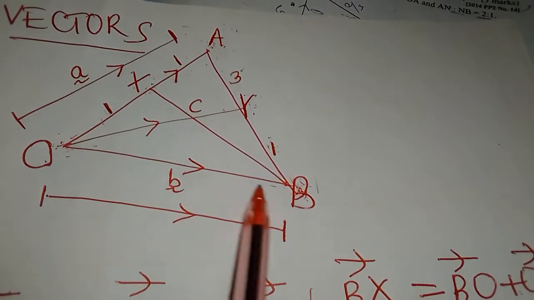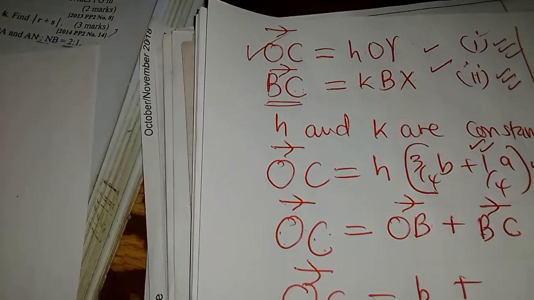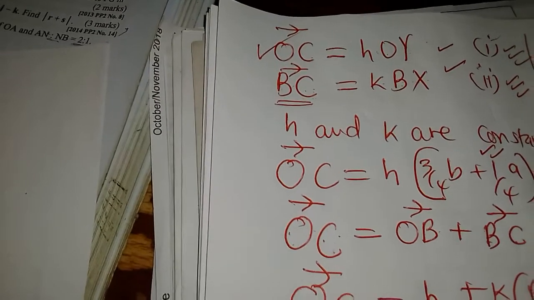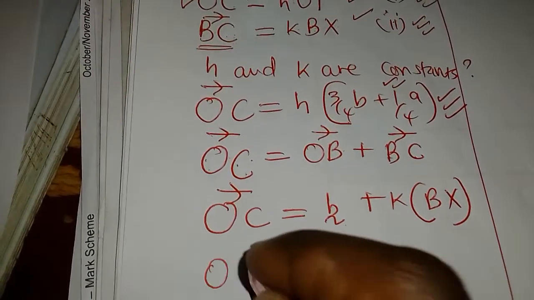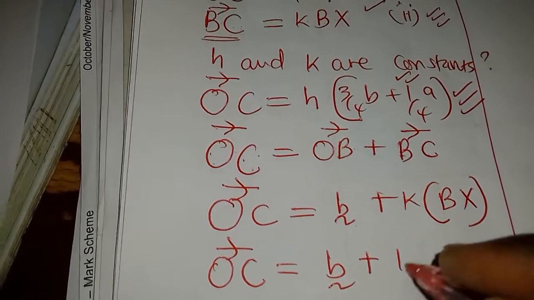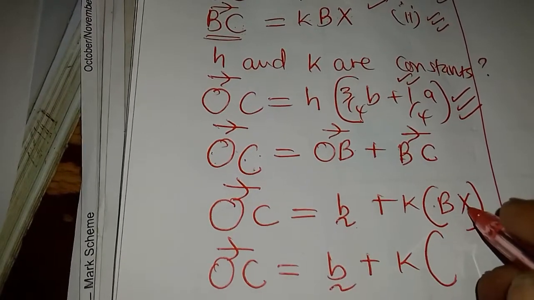OB is direct, that is vector B. But what is BC? You can get it from here, BC is KBX. So I'll say K into BX. So OC vector is equal to vector B plus K into BX.